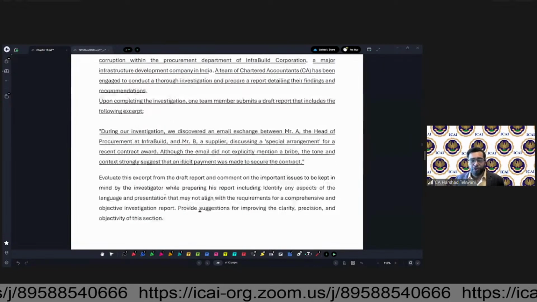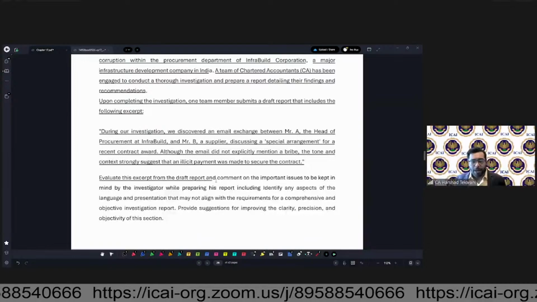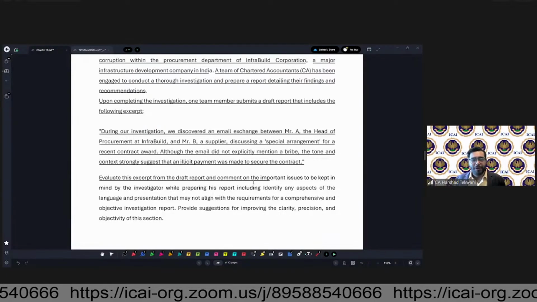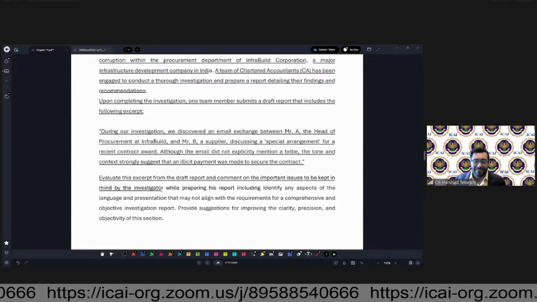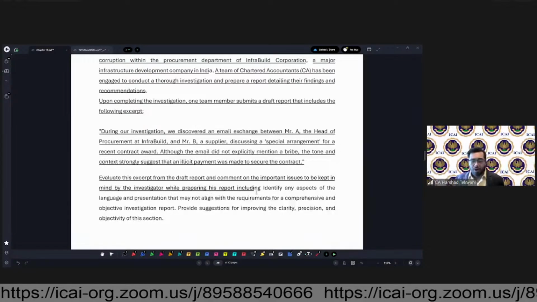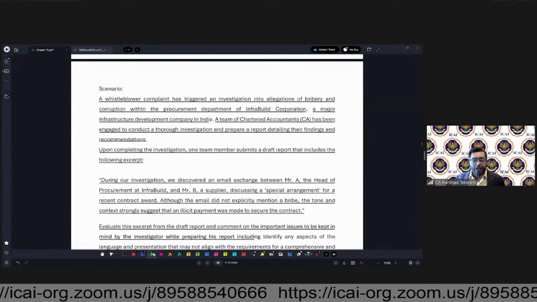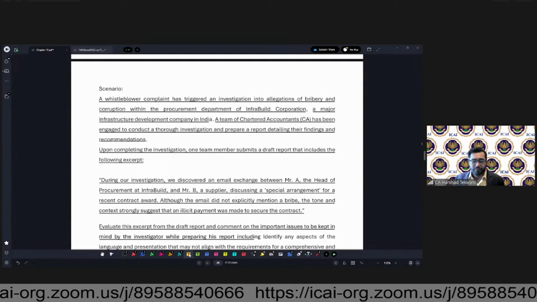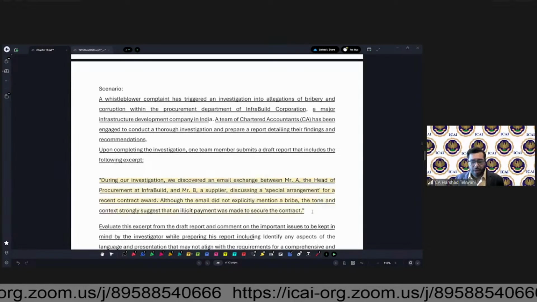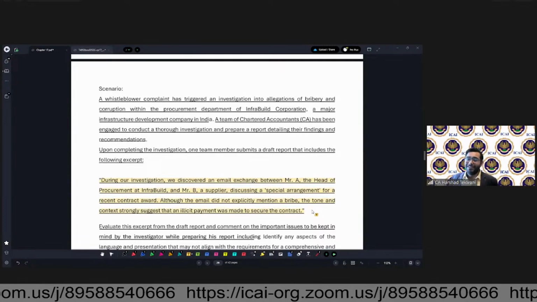Now, here what you need to do is evaluate this excerpt from the draft report and comment on the important issues to be kept in mind by the investigator while preparing his report, including all the other areas. So you need to evaluate this particular paragraph and tell me what is not appropriate as per you when it comes to the reporting.